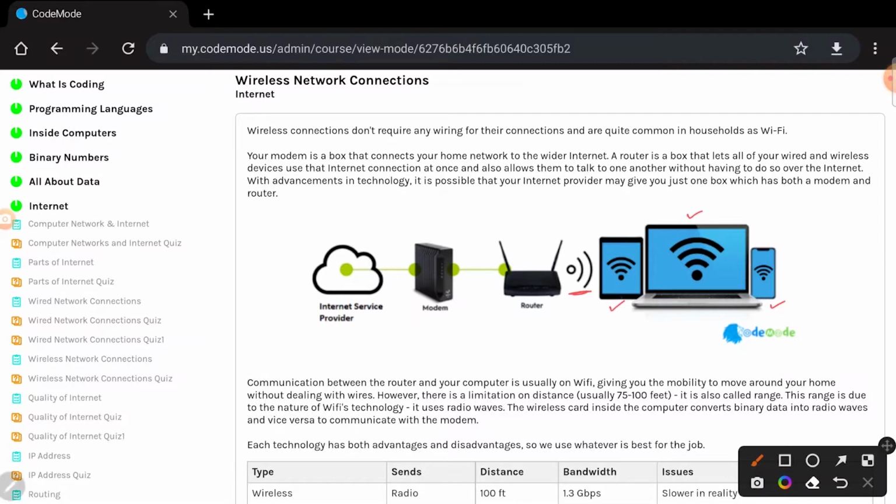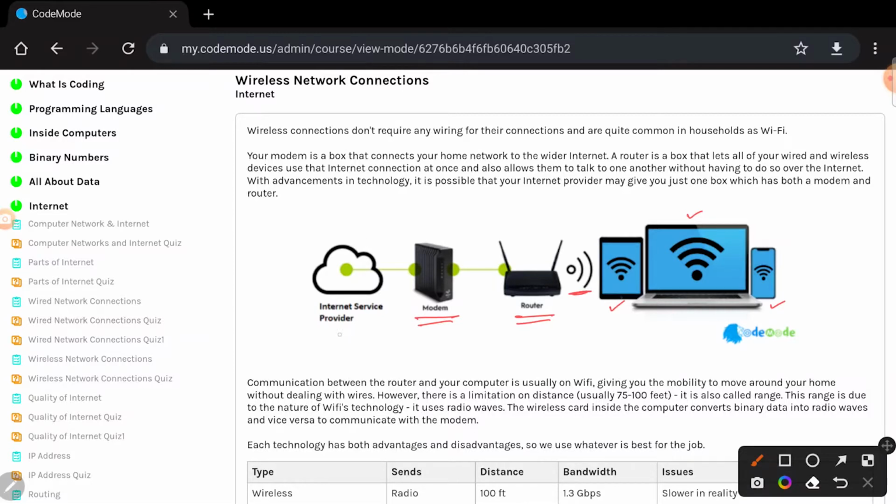Now, how does this really work? This Wi-Fi is possible because of the router. Router is a physical device that is responsible for taking the data from the internet, which behind the scene is connected to another device called modem.